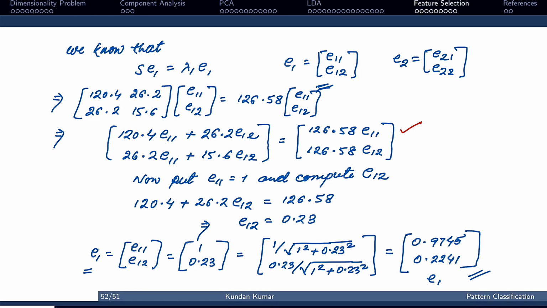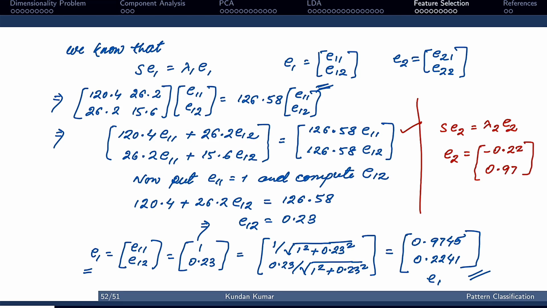Similarly, when we proceed for E2, we have to solve S E2 equal to lambda 2 E2, and then we can compute the value of E2 in the same manner. So E2 will be minus 0.22, 0.97.